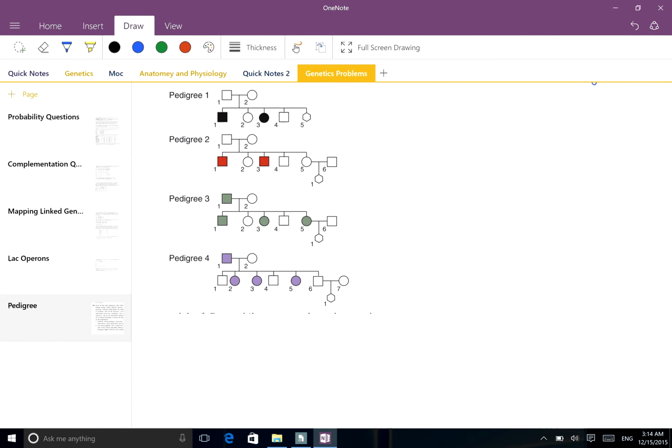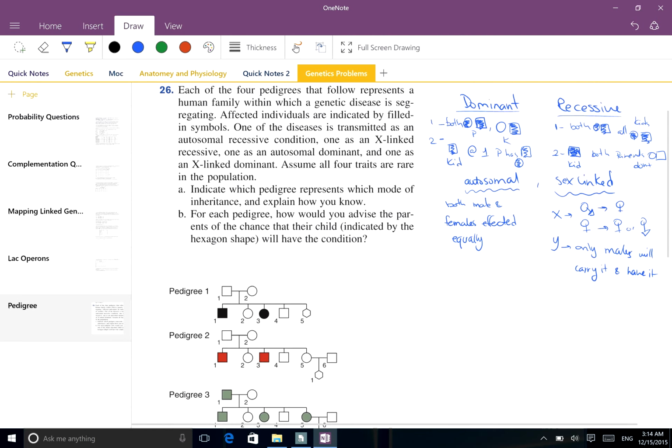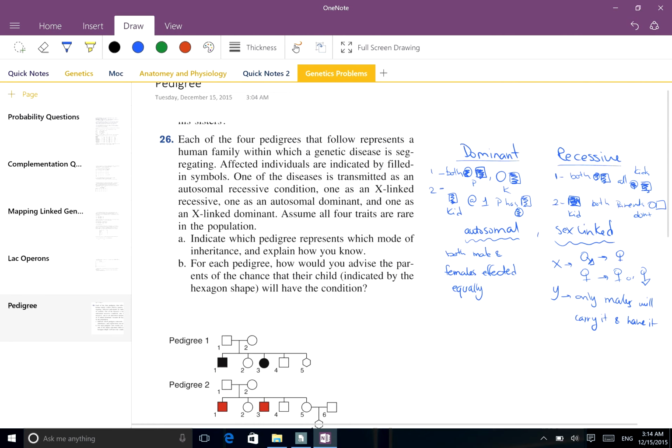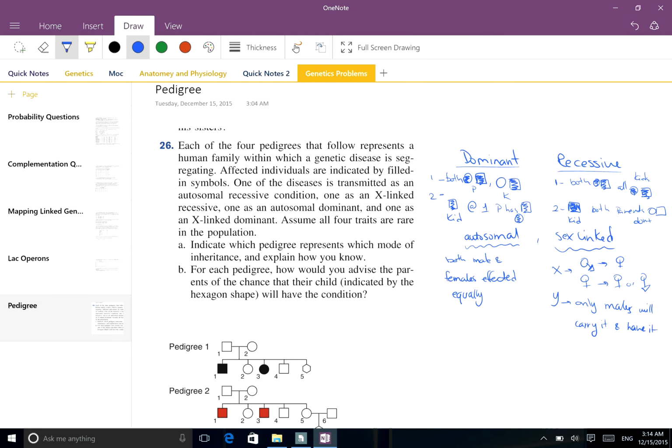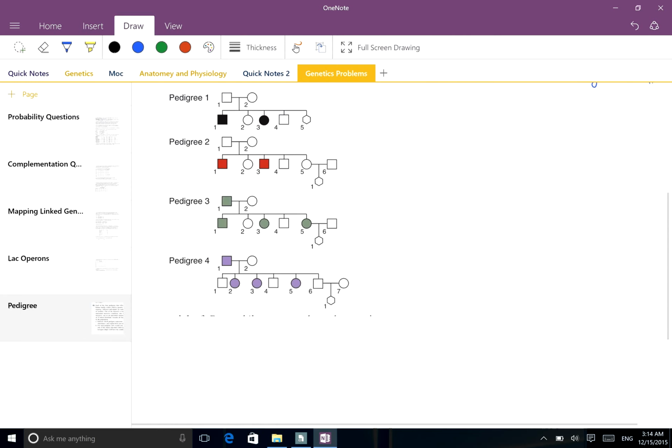Anyways, so here's a pedigree. Here is our question, and each one will represent one of those four cases: dominant autosomal or dominant sex-linked, recessive autosomal or recessive sex-linked.